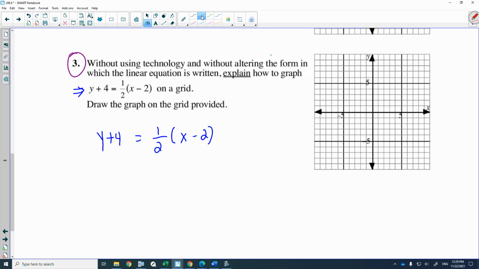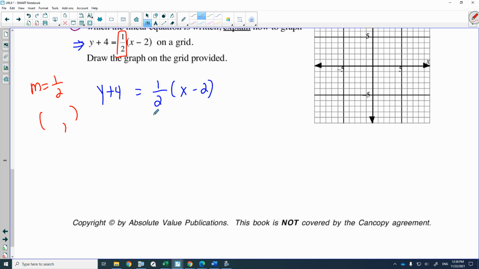So those of you that realize it's in slope point form would take the slope, and you have to be able to get the point, right, if you're going to use slope point form. Wale, do you know what the point is? What would x be and what would y be? Yeah, y is negative 4, and what would x be? 2. So the point would be 2, negative 4.